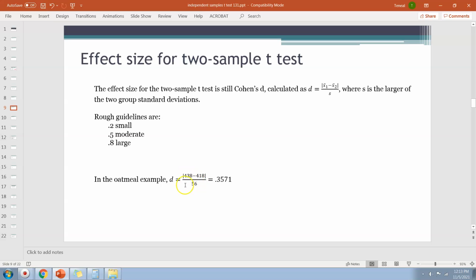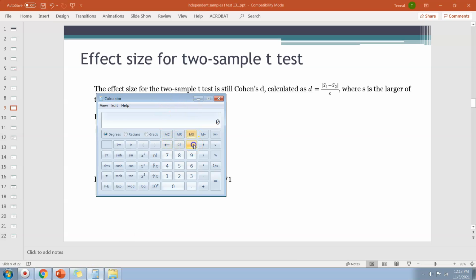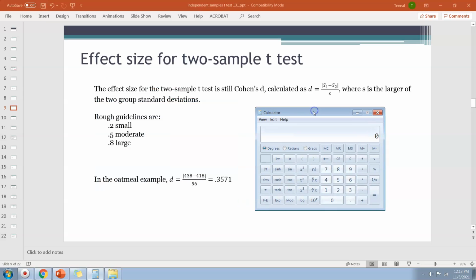So when we do that calculation right here, 438 minus 418, and remember your order of operations, so make sure you do that top part first, and then divide by 56, we get 0.3571.